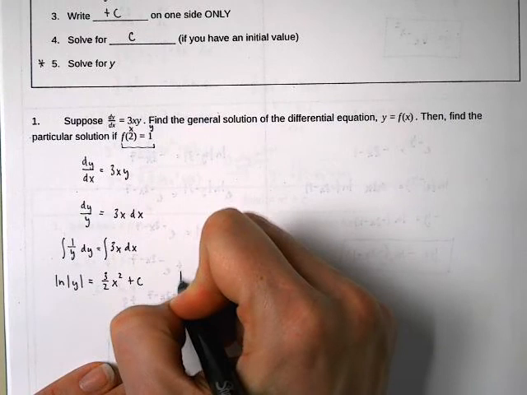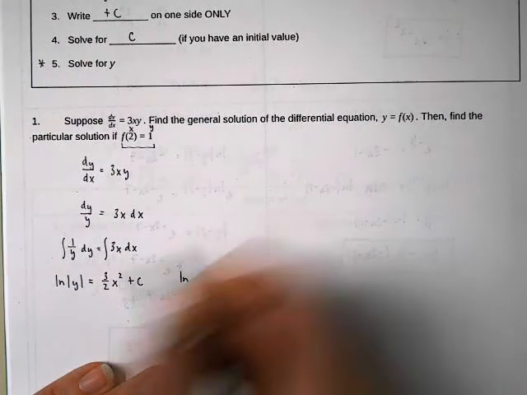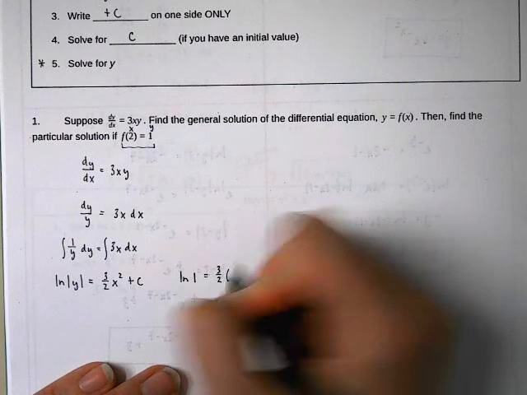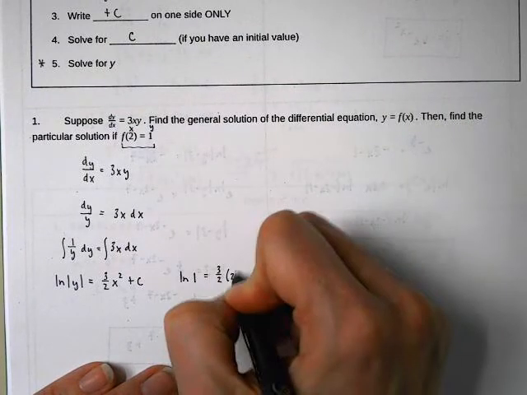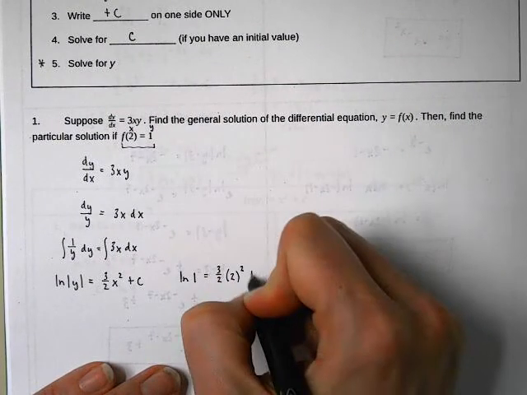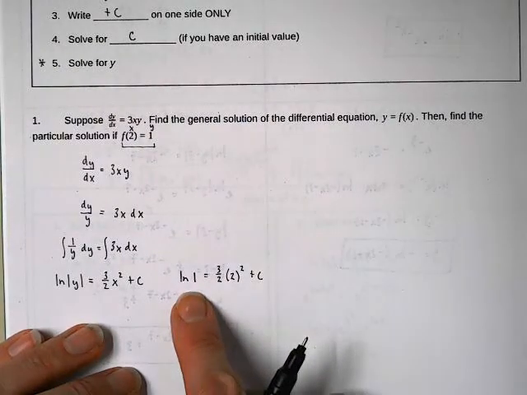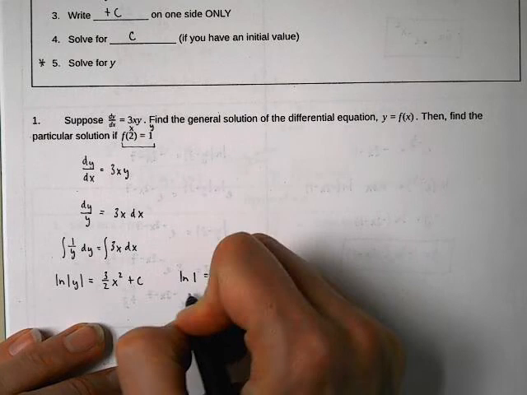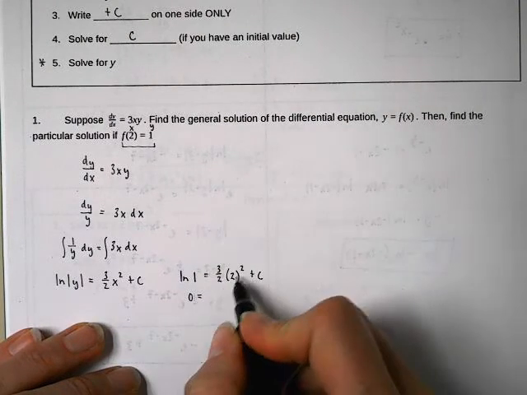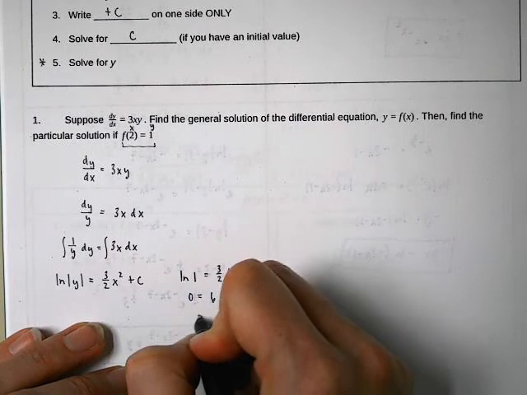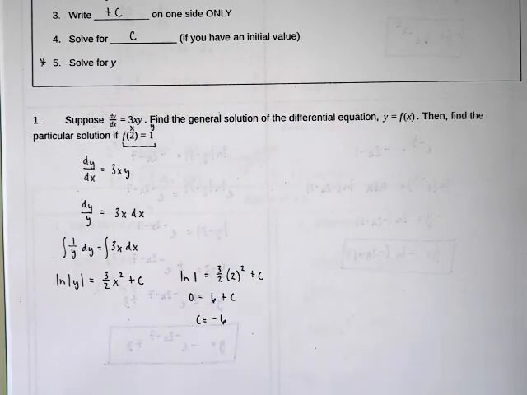So I have the natural log of the absolute value of 1, which is just 1, equals 3 halves times 2 quantity squared, plus c. Now I know that the natural log of 1 is just 0 because e to the 0 gives me 1. So 0 equals 6 plus c, and then c equals negative 6.